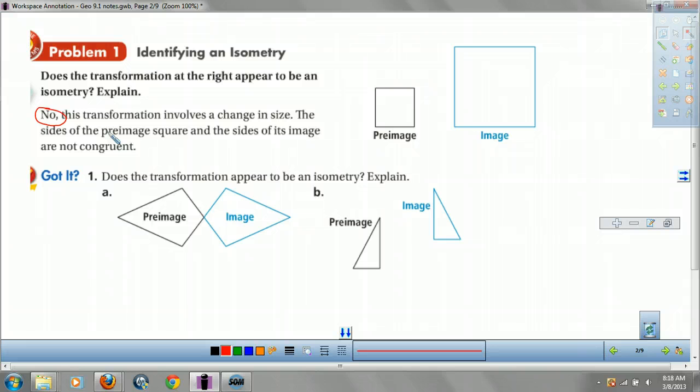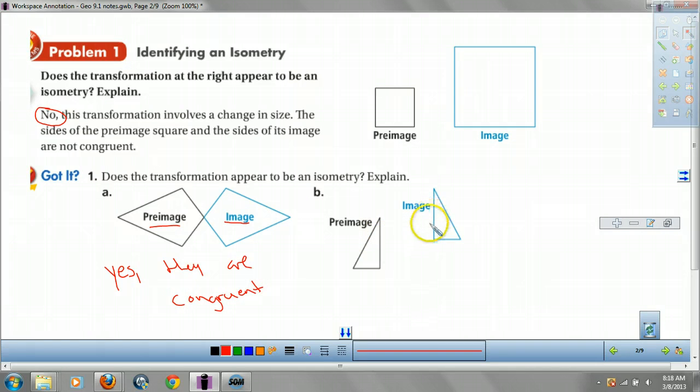Now, for 1A, here's your pre-image, here's your image. Are these congruent figures? Yes. They are congruent. So we just changed where it is. Same as this one.